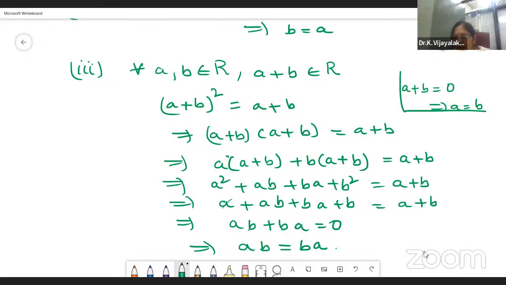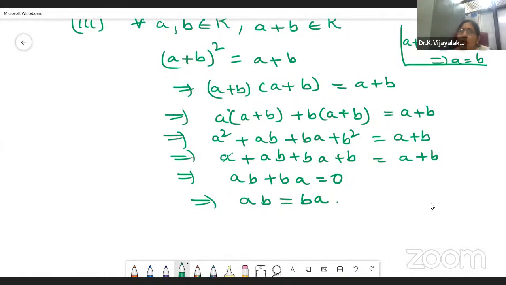So see here, if A square is A, we are calling it a Boolean ring. Why do you have to take A square? Sometimes you can take A cube is A. We have seen many matrices, matrix products; there are some matrices whose cube is A. Got my point? Like that, you can have A power P is A in general.